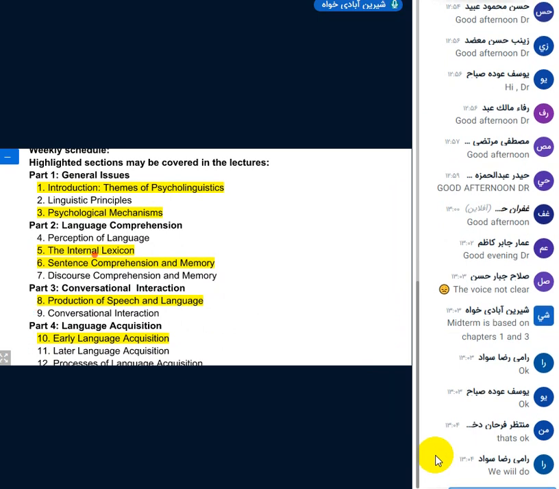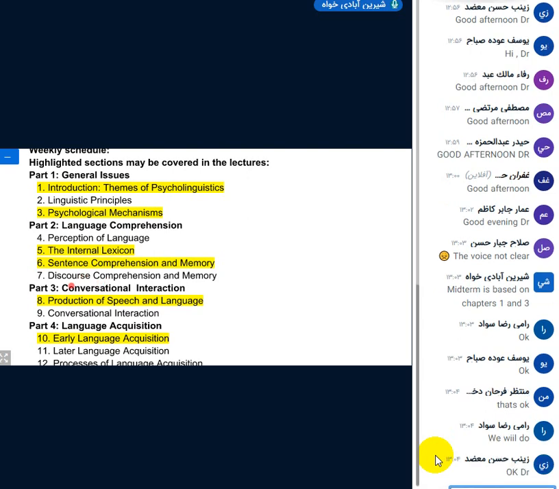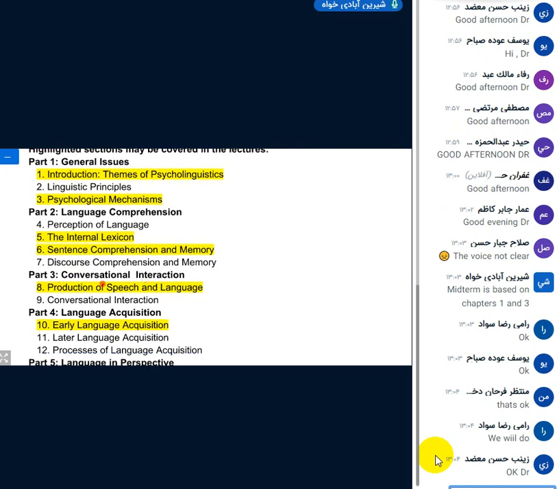From each topic, for example comprehension, I've covered sentence comprehension, not discourse comprehension, because we already had a course on discourse. And the next one is interaction, conversational interaction. I will consider production of speech and language here. The conversational interaction is also covered in discourse.